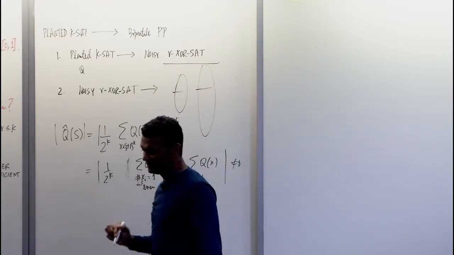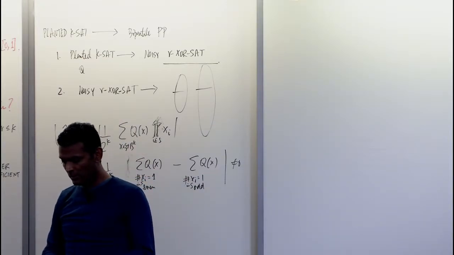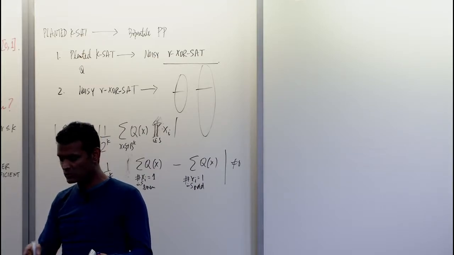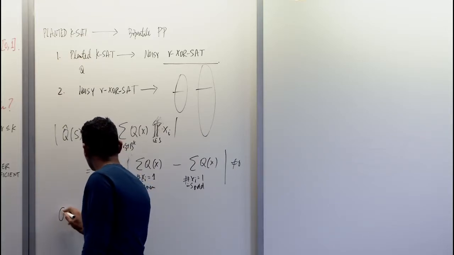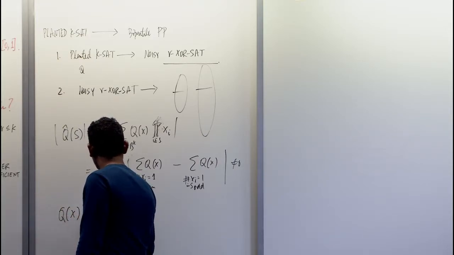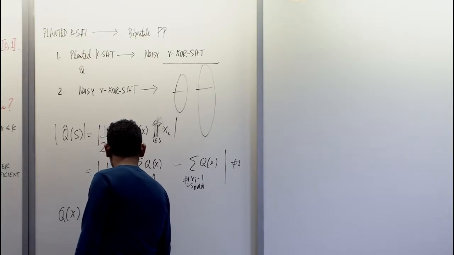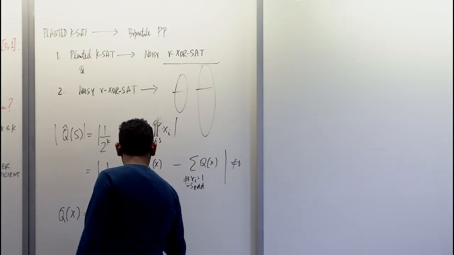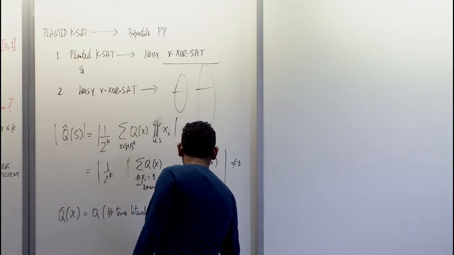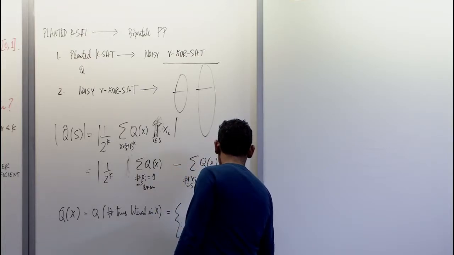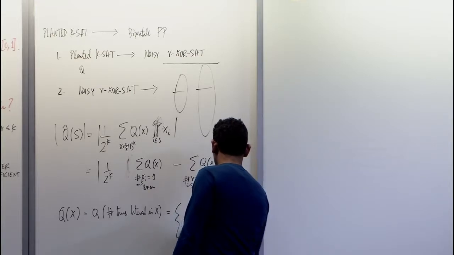Okay, so this is the problem where you're given clauses, and I just have to define the distribution. Q of x depends only on the number of true literals in x, and it's equal to delta p if the number of true literals is even, and 2 minus delta p if the number of true literals is odd.